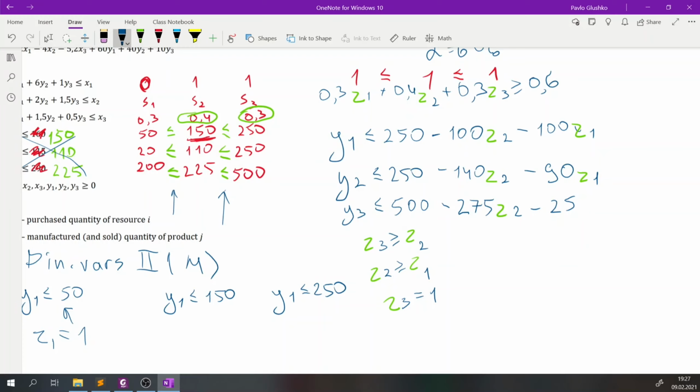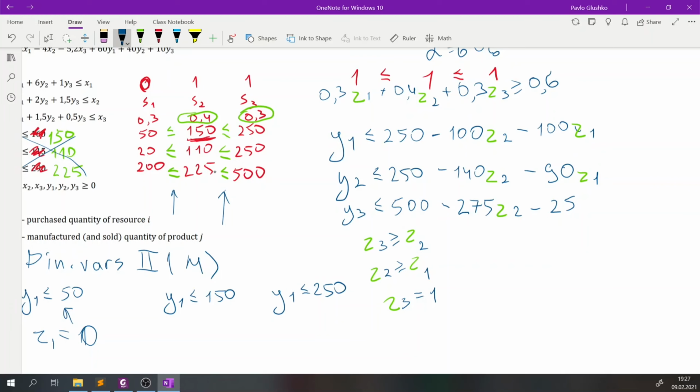When z1 is equal to 0, somehow this constraint should be turned off. I don't want to care about this constraint, because z1 equal to 0 means that I don't take into account constraints for scenario 1. Now the question is, how can I dynamically modify this constraint so that it is activated and deactivated?